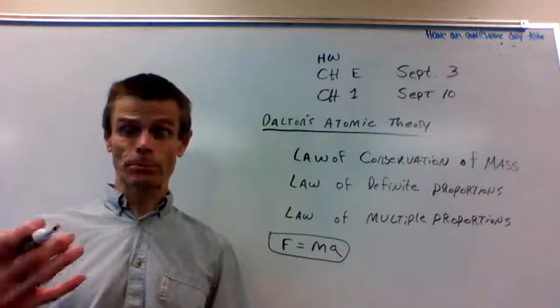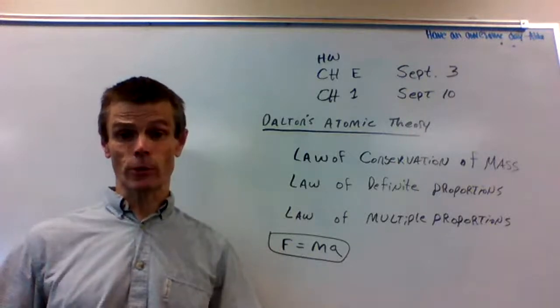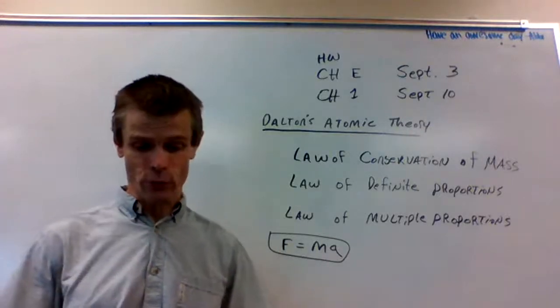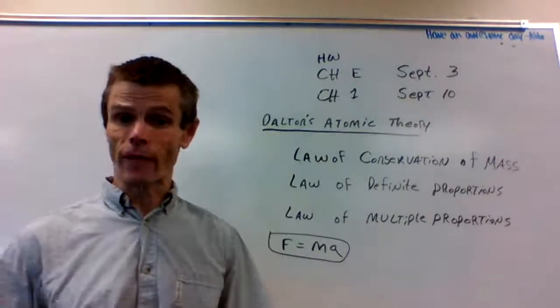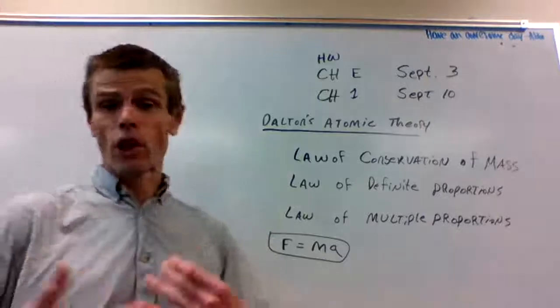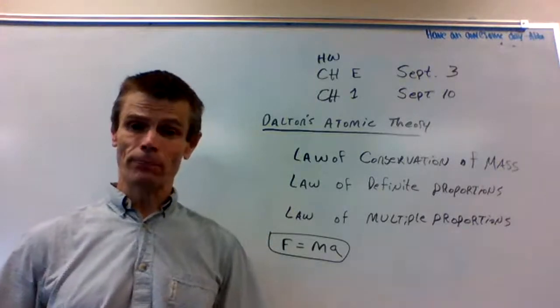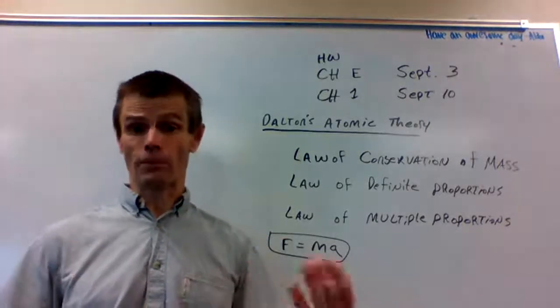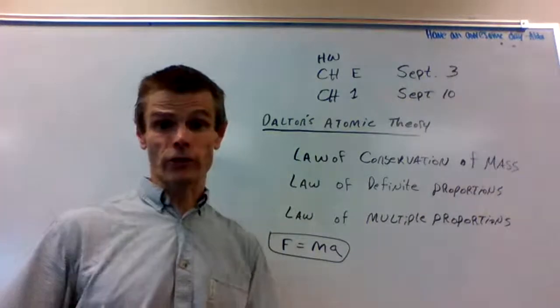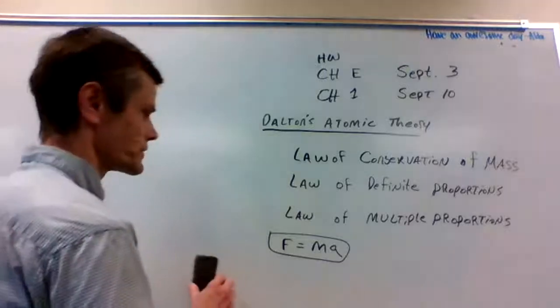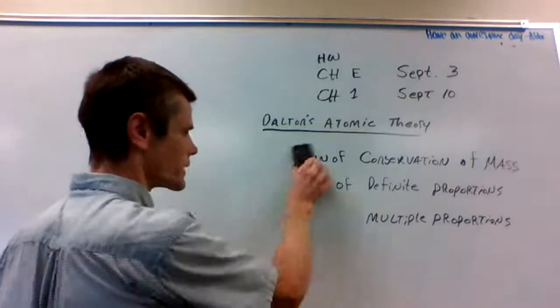Theories offer explanations to observations that we may make in a laboratory. And what we're going to show today is that Dalton is going to make some observations, and he's going to use some of the laws that were available at his time, and he's going to create what are called postulates. We're going to look at 4 postulates of Dalton's atomic theory.